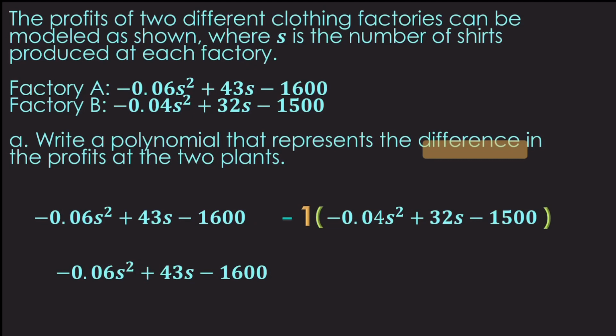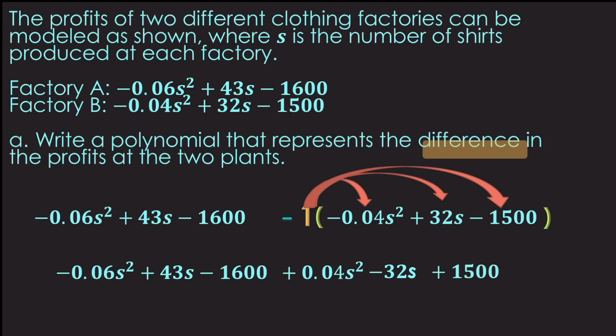Then I'm going to distribute that negative 1. So negative 1 times a negative is now a positive. Then the negative 1 times a positive now makes that a negative. And finally, I end up now with another positive. So you should be realizing now, I've done this, there's no parentheses, I can combine like terms.